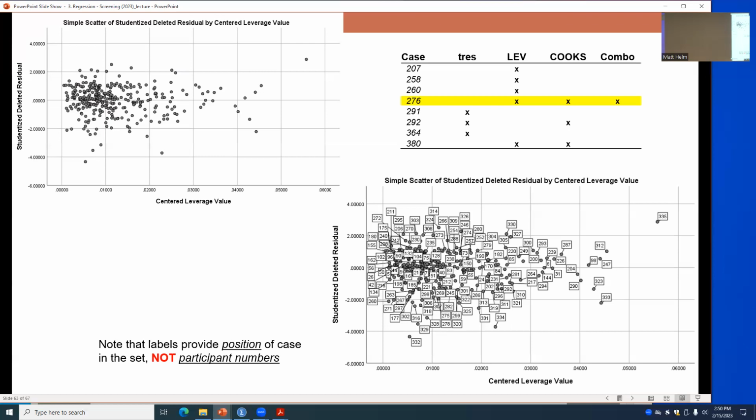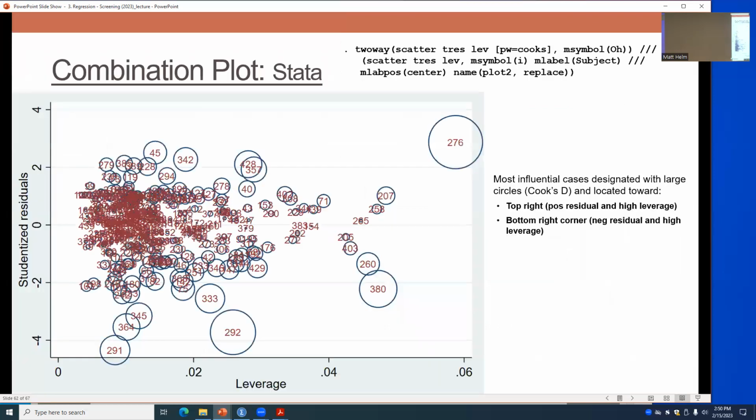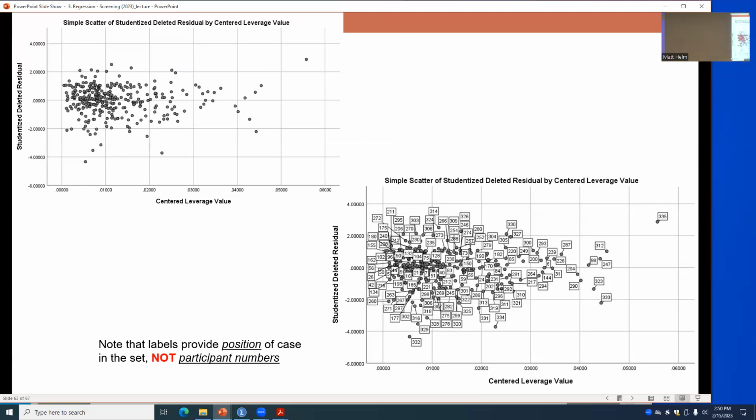Questions? Yeah, Mandy. I'm a little confused about how we're able to see the number on the previous slide, the one with the highest leverage, and then on the next page it's asking us to represent the same thing, on the bottom right. Is that supposed to be the same? Yeah, these are the same, but the values are different, and that's okay. This is just attaching labels to all your points.